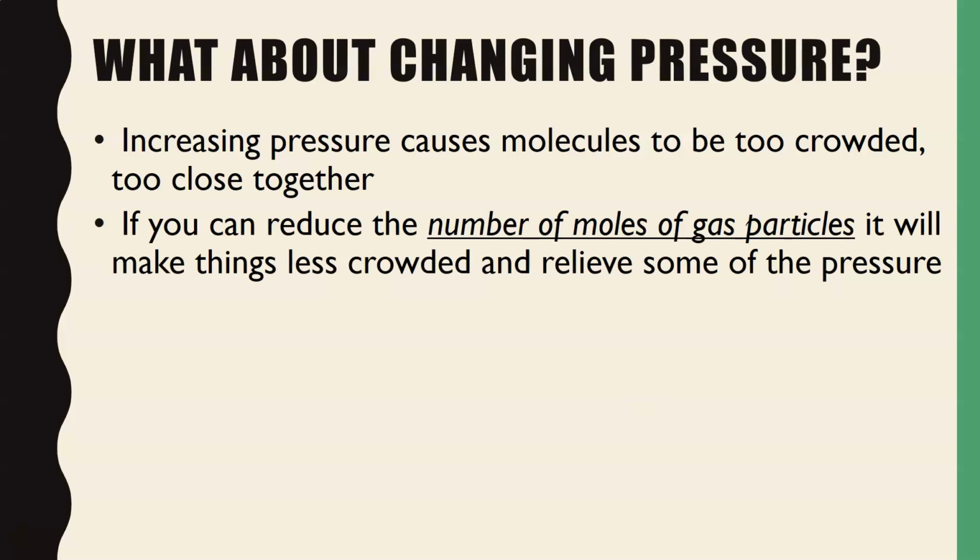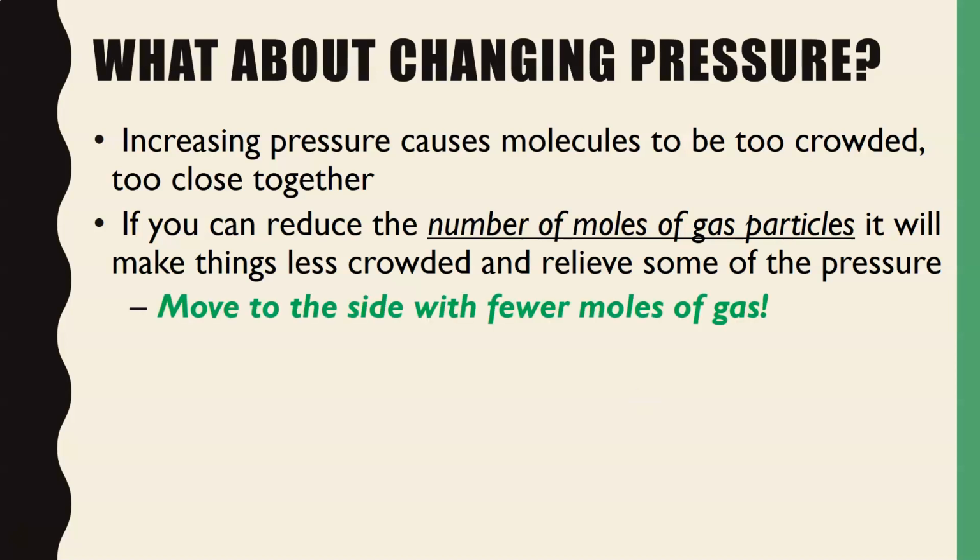So if you increase the pressure, in order to lower how crowded they feel, you have to proceed in whichever direction will result in fewer moles of gas, okay? So if the right side of the equation has fewer gas moles, move that direction, make more of those. You're combining things together so that they're not as crowded in the container. If the left side of the reaction has fewer moles of gas, well then the backwards direction is the way we'll go to combine things together to relieve some of that crowding that we're feeling.